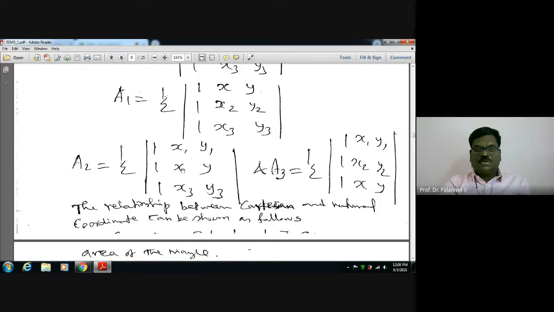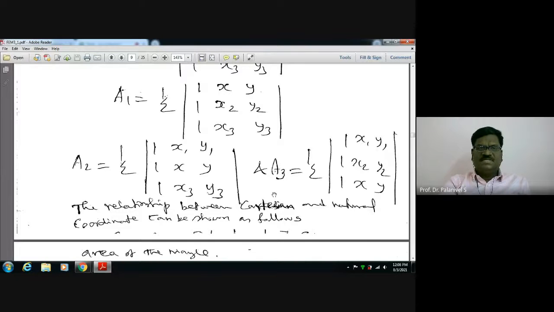You should not put x2 y2; instead put x y, the point P. And A3 equals half into the determinant of 1 x1 y1, 1 x2 y2, and instead of x3 y3 you substitute 1 x y.